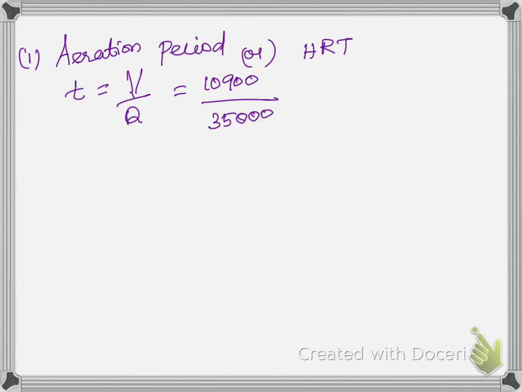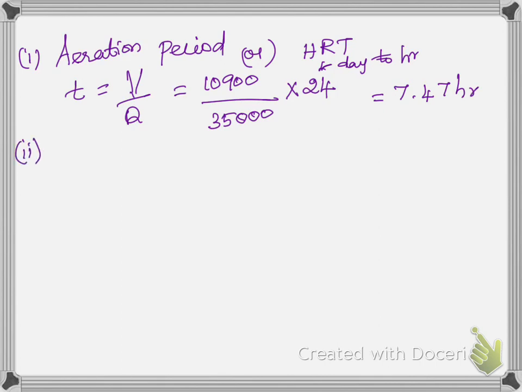Only thing is that we have to note that they have asked for the aeration period in hours, but this division gives the time in days. So day to hour, the conversion is that you have to multiply by 24. When you do it, you will be getting 7.47 hours.